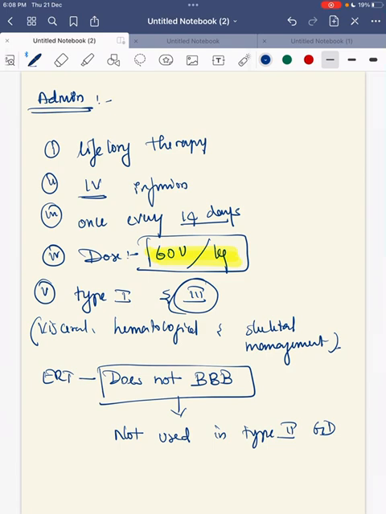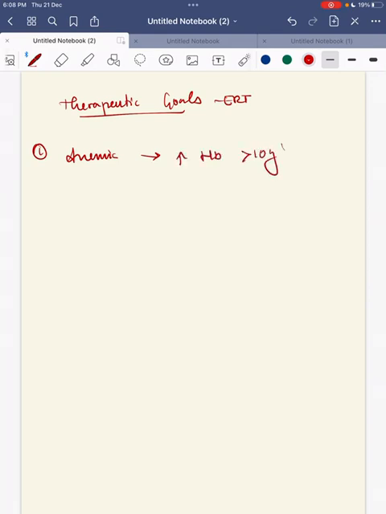Next, when you give a treatment for that child, what are you going to monitor, or what are the therapeutic goals? So I'll write a few of the therapeutic goals. The therapeutic goals of giving enzyme replacement therapy: first, anemia. There should be a correction of anemia, so there will be an increase in the HB of more than 10 gram per deciliter, and it will eliminate blood transfusion dependency.